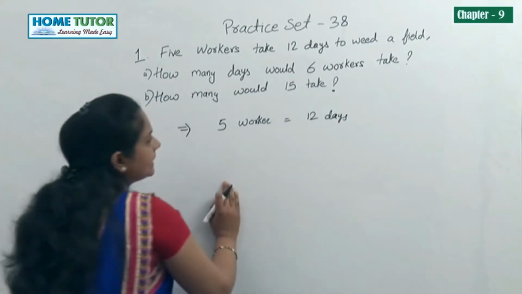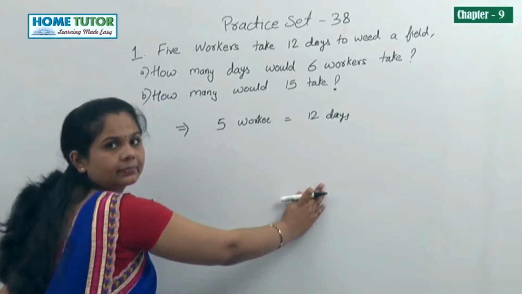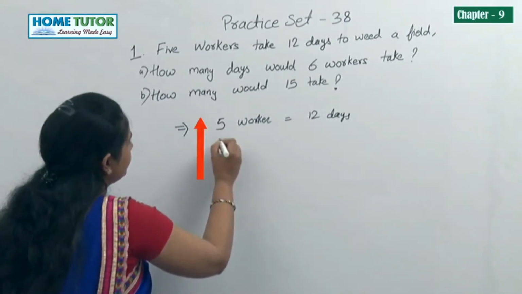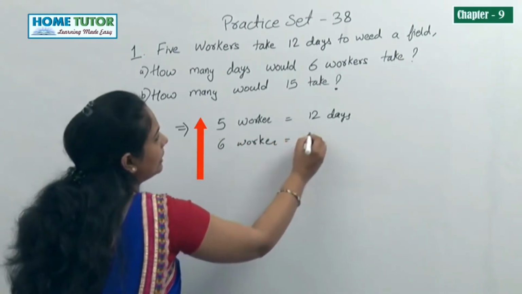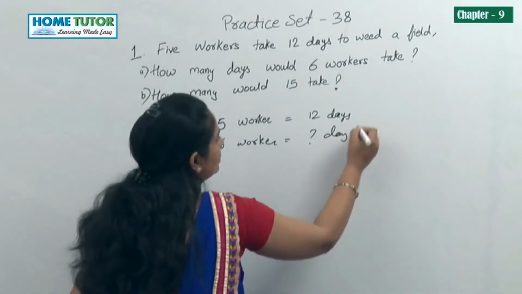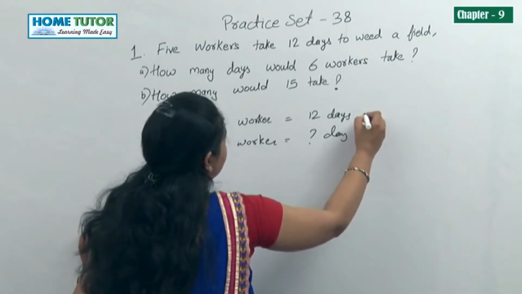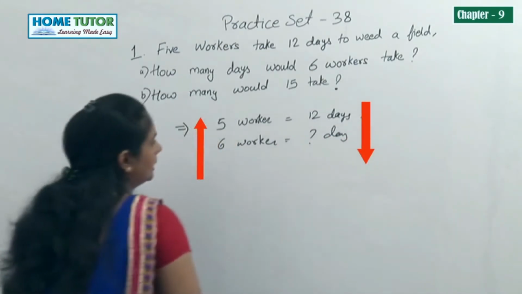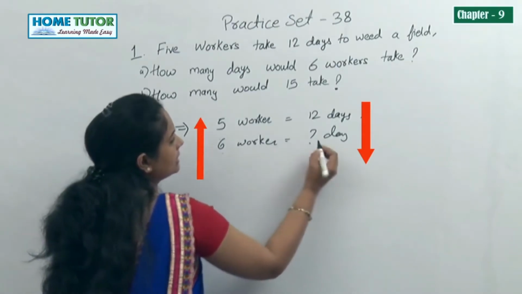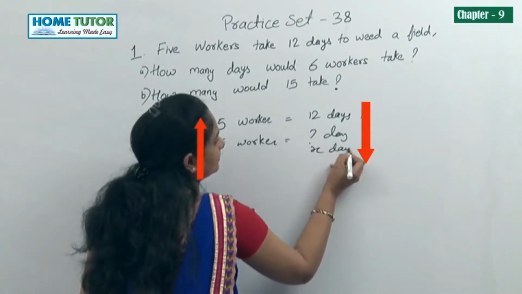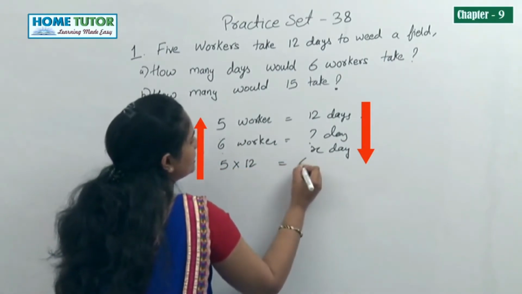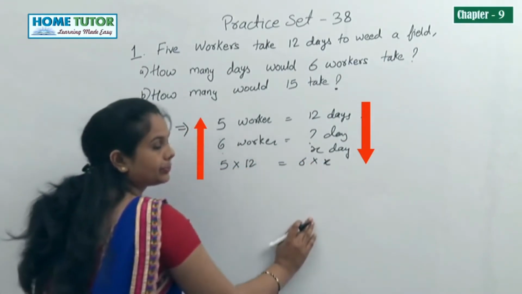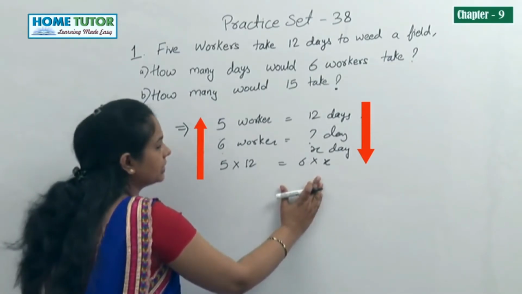Now if workers increase, days will decrease. Workers are increased, means we have to find for 6 workers. So days will decrease. So 6 workers is equals to x days. So 5 multiplied by 12 is equals to 6 multiplied by x, because this is inverse proportion.